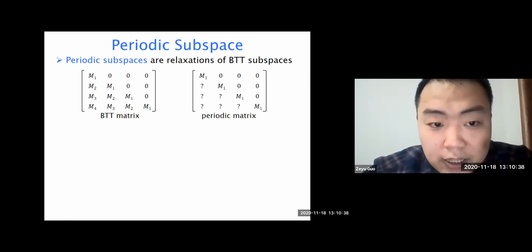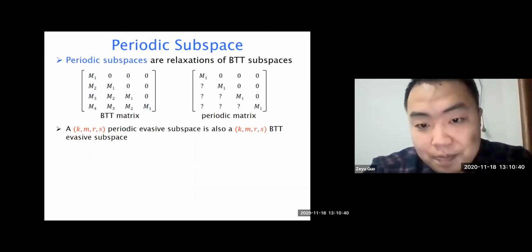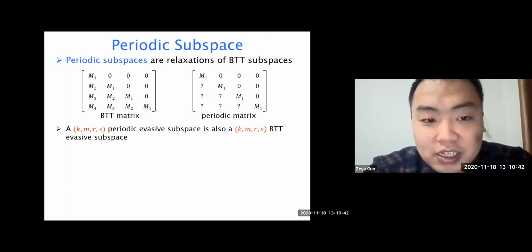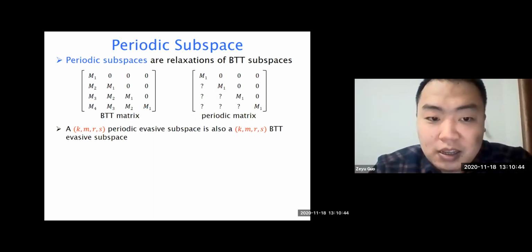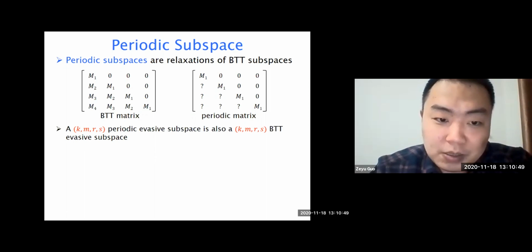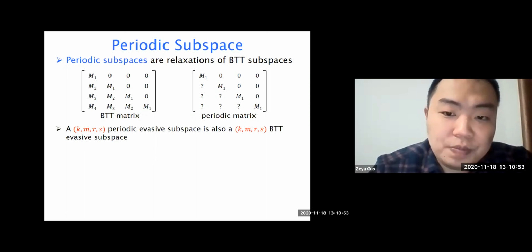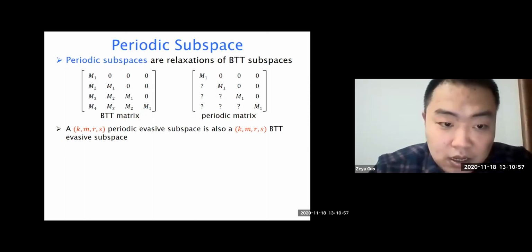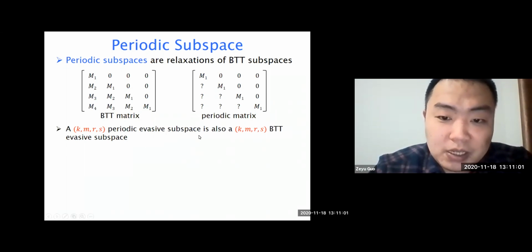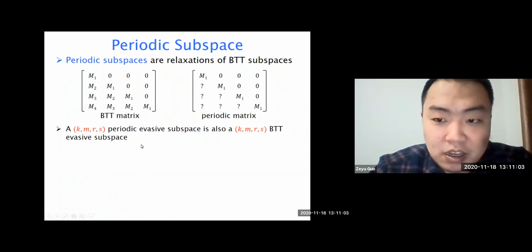From this picture, you can see that a BTT matrix is also a periodic matrix. So a BTT subspace is also a periodic subspace. Therefore, if we can evade periodic subspaces, we can also evade BTT subspaces. The conclusion is that a periodic evasive subspace is also a BTT evasive subspace, with the same parameters.